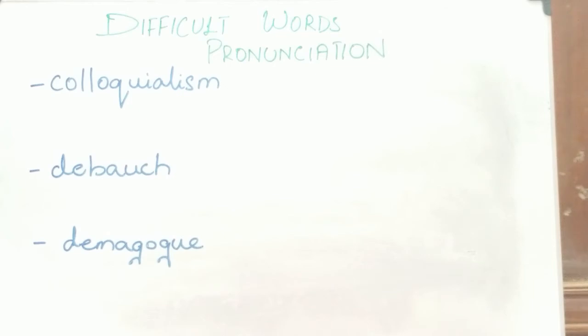Okay, the next term is pretty difficult to pronounce. Colloquialism. The word means an expression that is basically used in conversation. So you call this a colloquialism. Let's see how we write this.